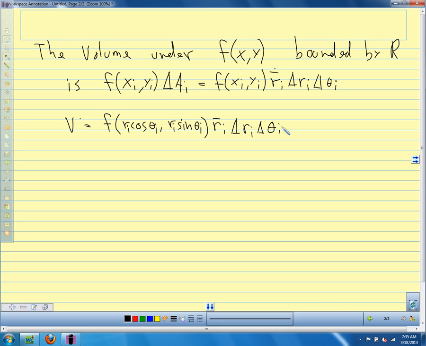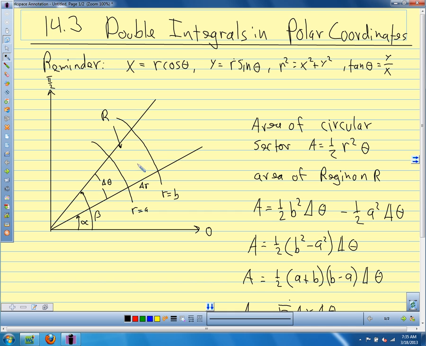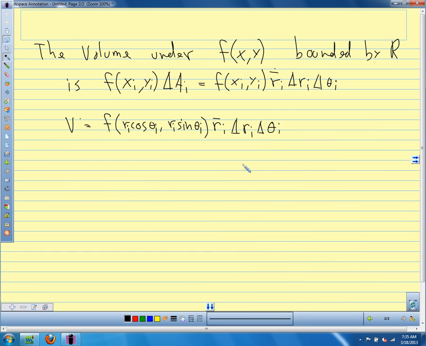And if we're looking at an entire region, we subdivide our region into smaller and smaller little pieces, where we have different delta theta sub i's, delta r sub i's, and the average radius. To find the volume over the entire region, we're going to sum all these little volume elements.